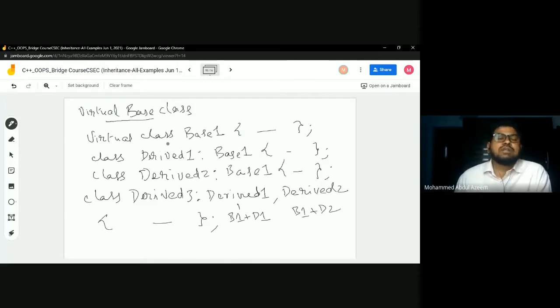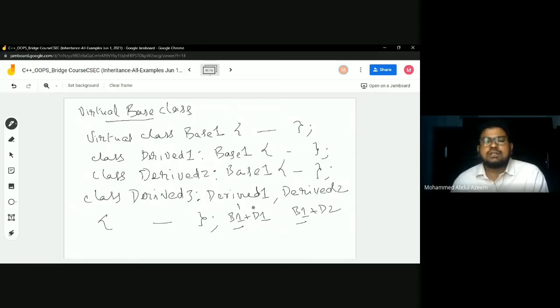Now, the base one class is declared as virtual. So this virtual keyword is basically taken care of by the operating system during execution, right? While you execute, the operating system will inspect to see whether base one, which has been mentioned as virtual, has been made available at any derived class with its two copies.